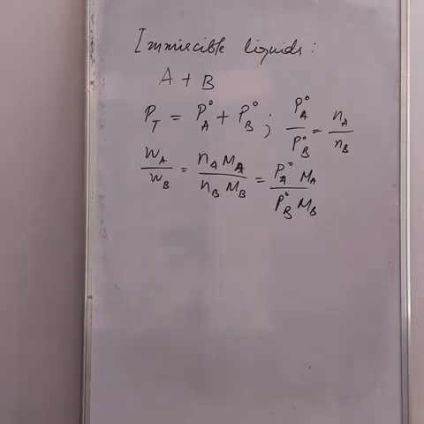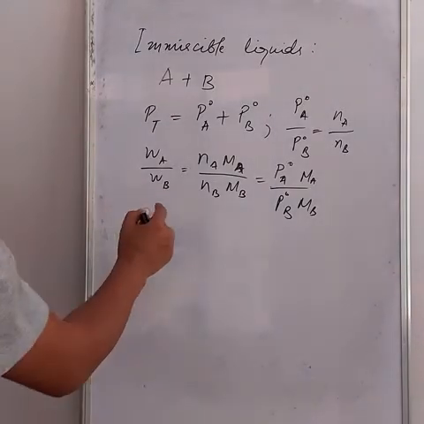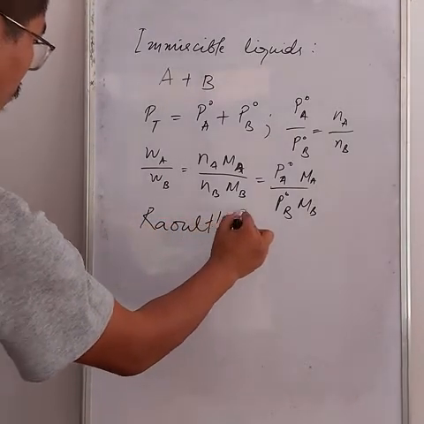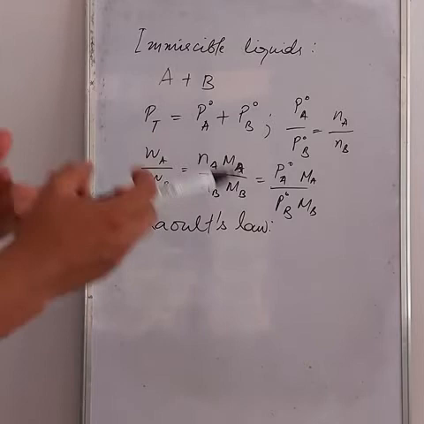But if the liquids are miscible, that means if we can mix the liquids easily, then they are governed by Raoult's law. Because in the event of the two solutions mixing together, it becomes a different solution.